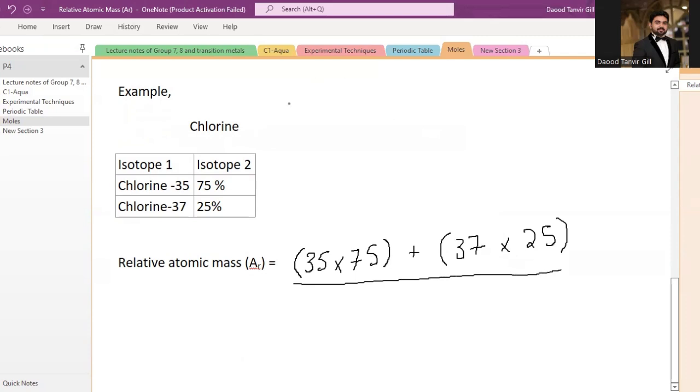And if we add them together, 75 plus 25, I will get 100. So I will write over here 100, and then I will do the calculation in front of you.